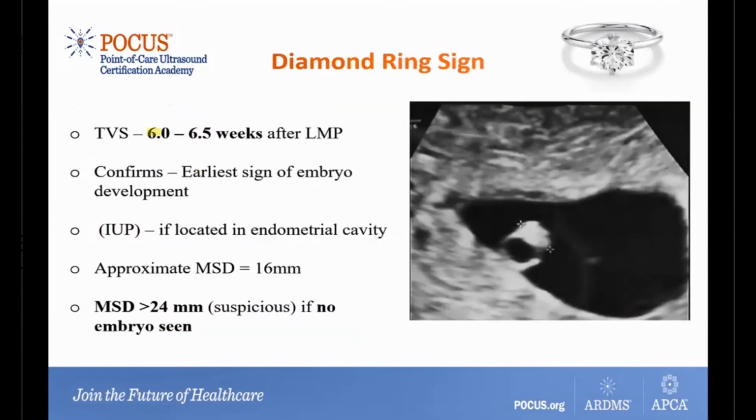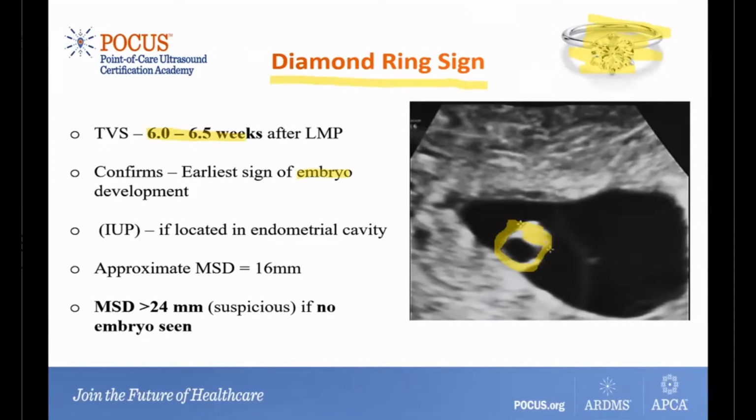At 6 to 6.5 weeks gestation, we will have an interesting sign called the diamond ring sign. Interestingly enough, the embryo and yolk sac sitting on it look like a diamond ring, like the diamond ring that we are familiar with. And this is a good confirmation sign for presence of embryo development.